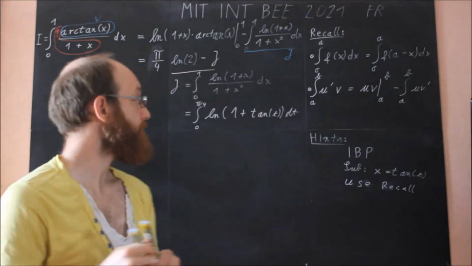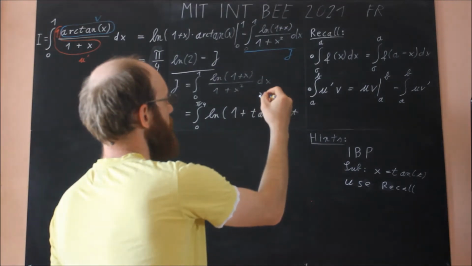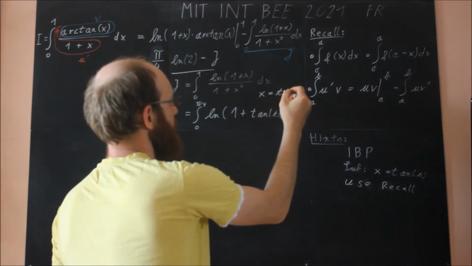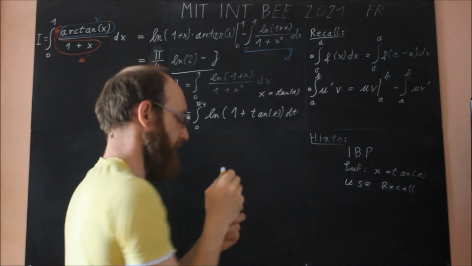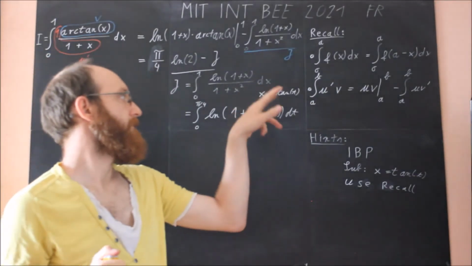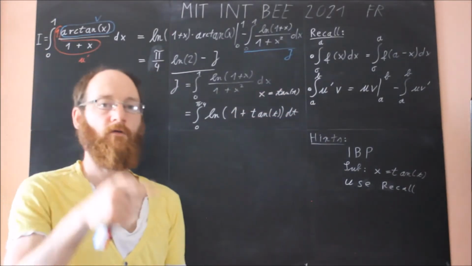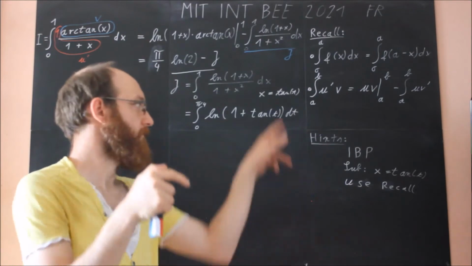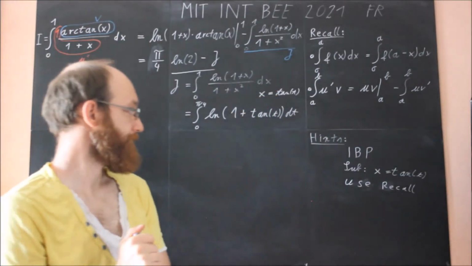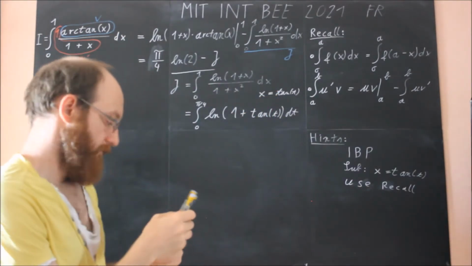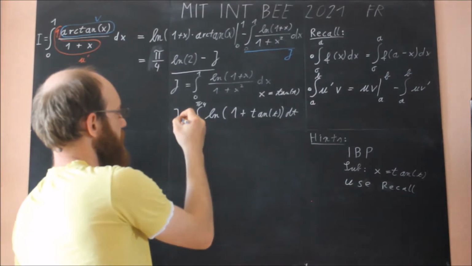Okay? So here we make the substitution x equals tangent t, and then you get dx is 1 over 1 plus and so on. Okay? So I leave the details for you. So this is also j, of course.